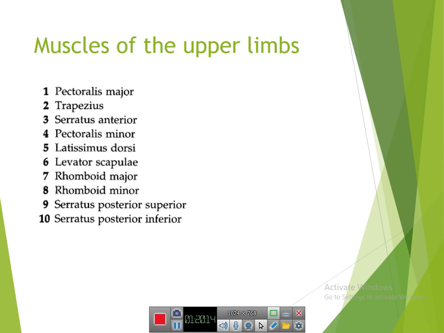That's all: pectoralis major, trapezius, serratus anterior, pectoralis minor, latissimus dorsi, levator scapulae, rhomboid major, rhomboid minor, and two serratus posterior superior and inferior muscles that are related to the upper limb, and we can see part of these muscles related to the thoracic wall.